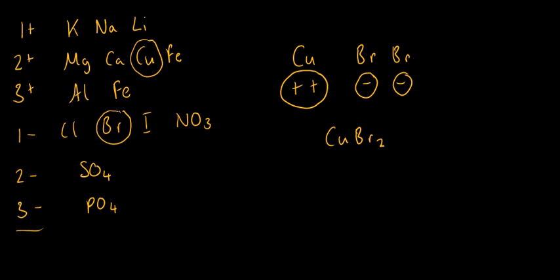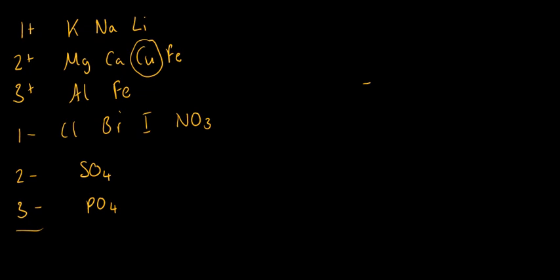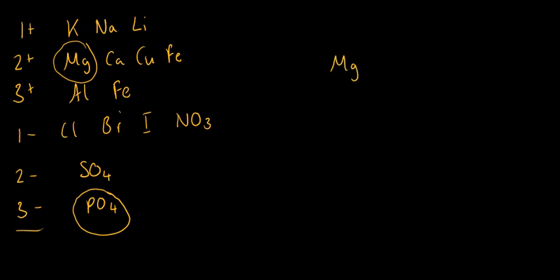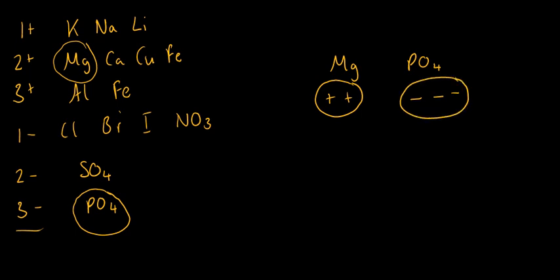Okay, so there is one scenario where this could get a little bit trickier. So let's say, for example, I had phosphate and magnesium. Okay, so the problem with this is that my magnesium is 2 plus and my phosphate is 3 minus. So if I just try to add another magnesium, then I'm going to have too many.